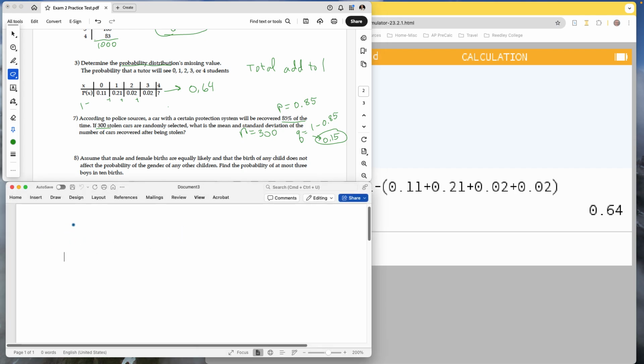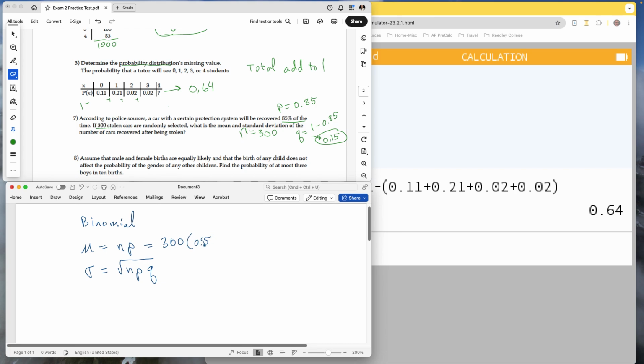So we have two formulas for binomials. The mean of a binomial distribution is equal to n times p. The standard deviation for a binomial distribution is the square root of n times p times q. n times p is going to be 300 times 0.85.